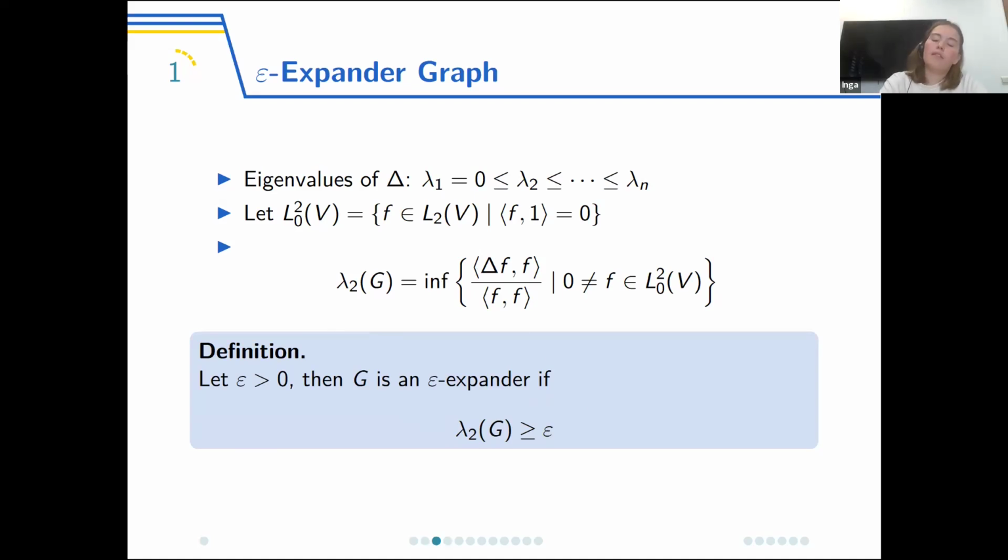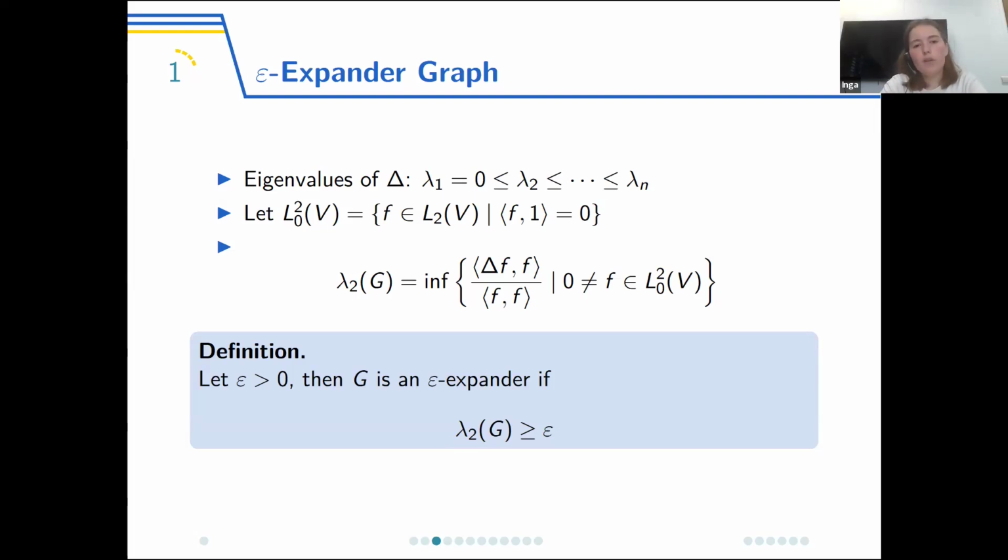So we can get this second smallest eigenvalue by taking the infimum over all functions on the vertices that are orthogonal to the constant 1 function. And then we look at this quotient of the inner product of delta f with f divided by the inner product of f with itself. And by some linear algebra arguments, this will be the second smallest eigenvalue.